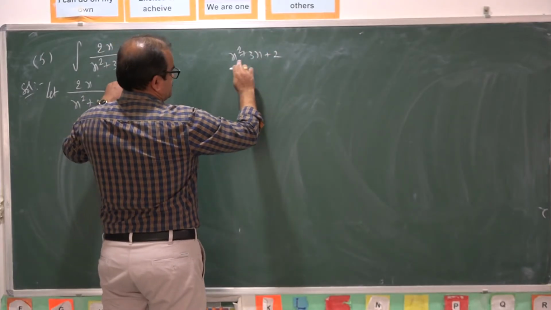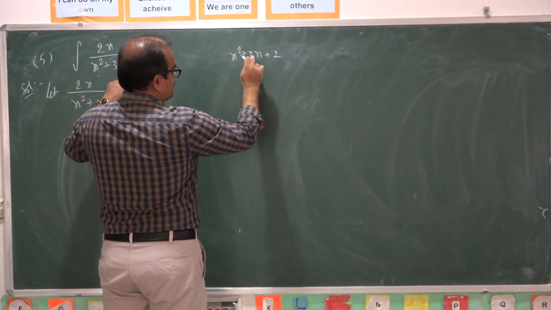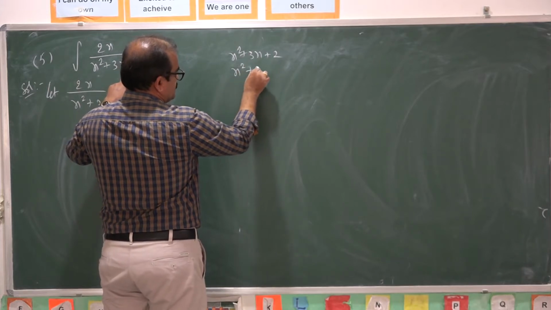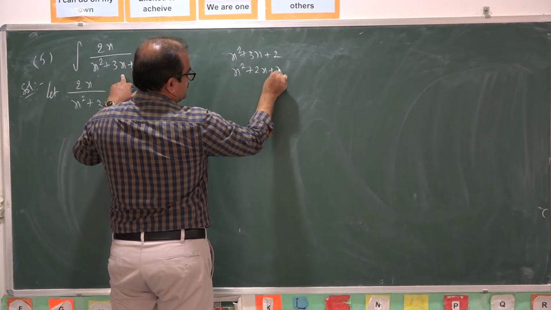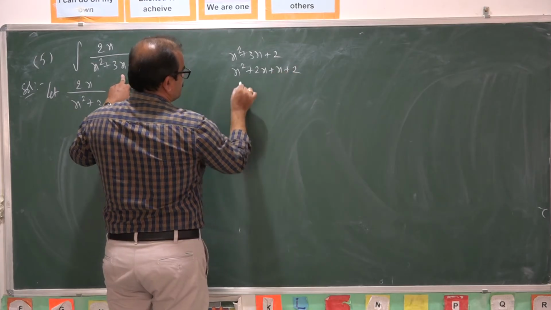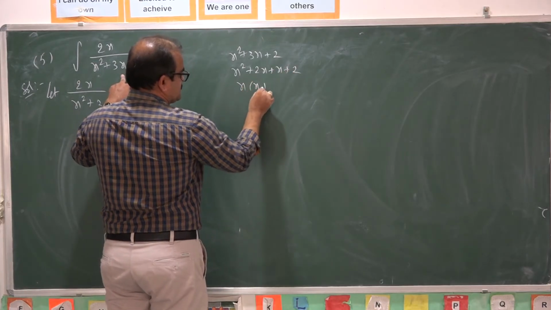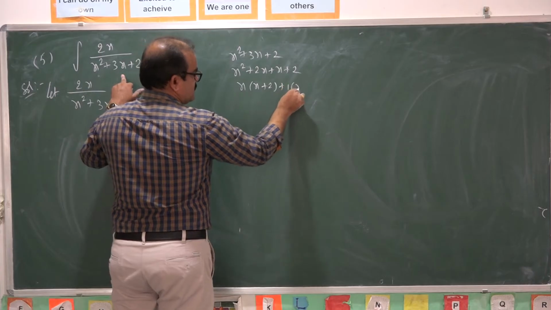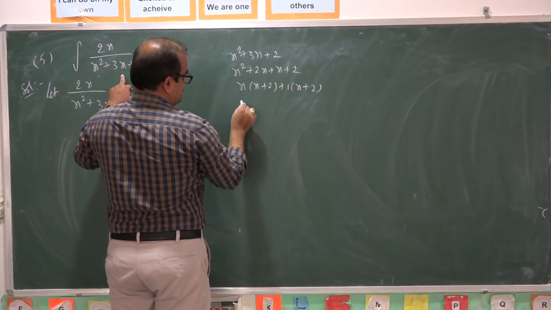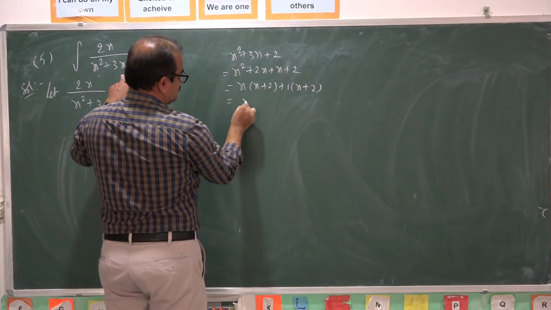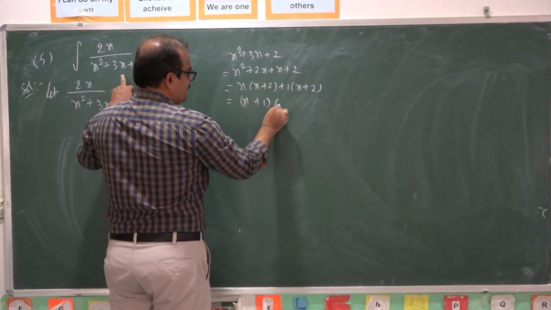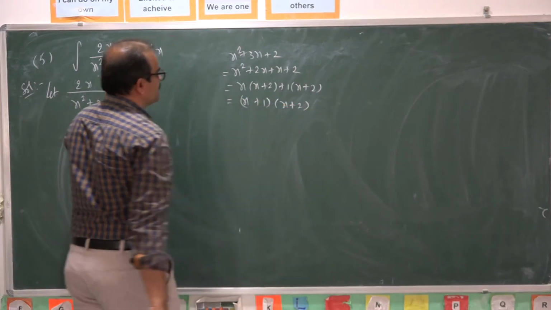What are the factors? 2 into 1, 2, plus 1, 3. Write it as x square plus 2x plus x plus 2. x into (x plus 2) plus 1 into (x plus 2), that is equal to (x plus 1)(x plus 2).